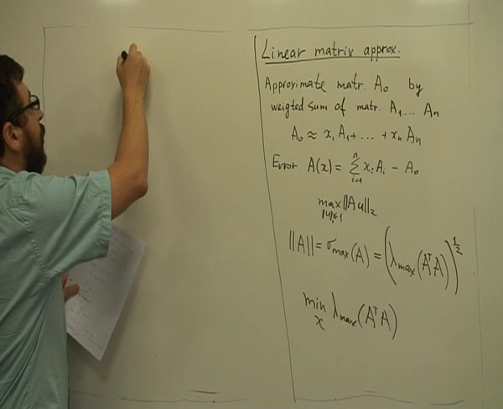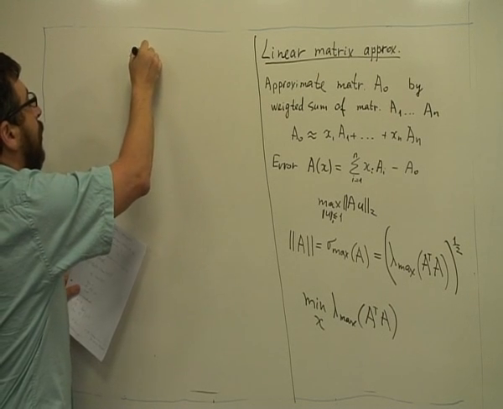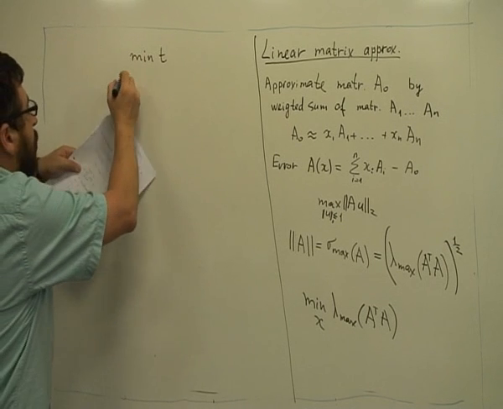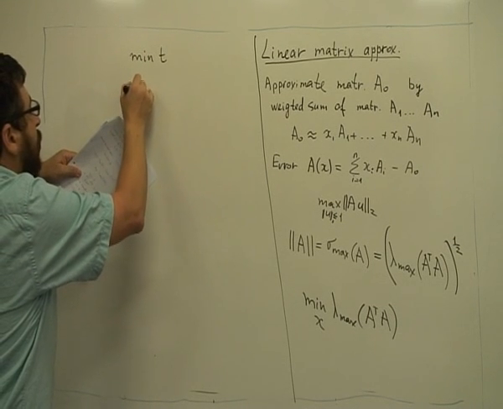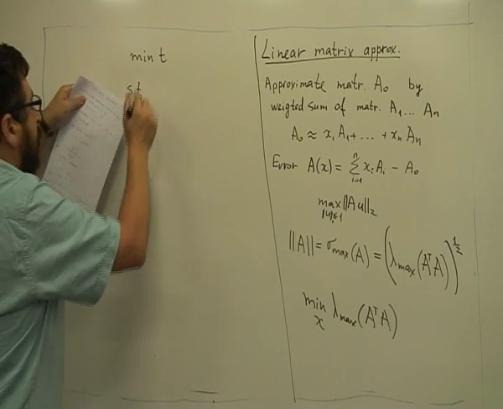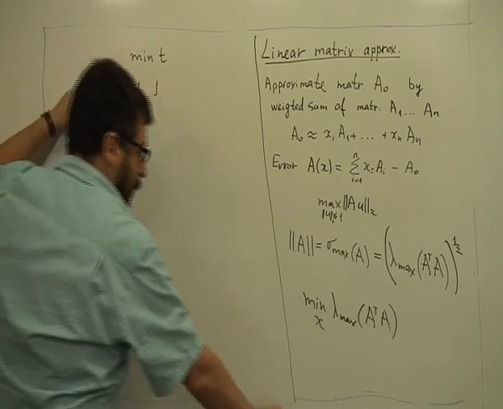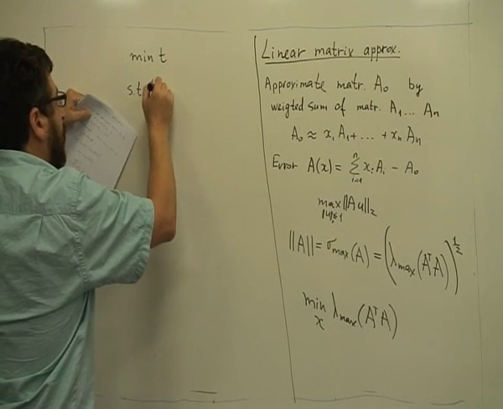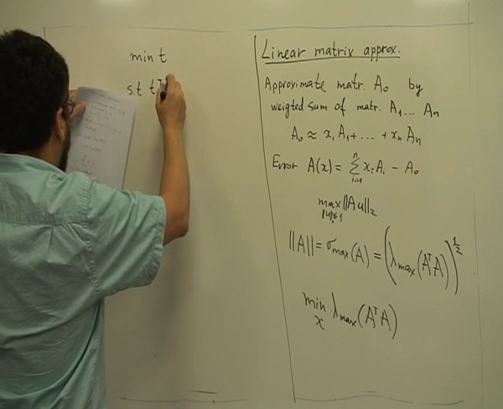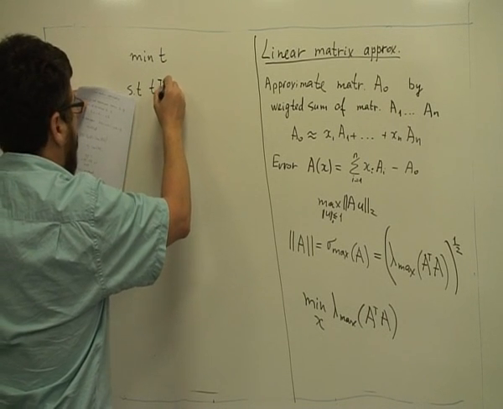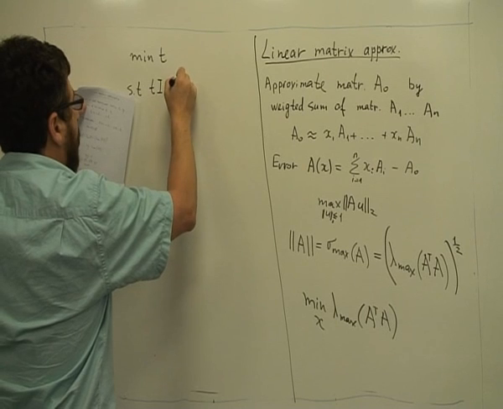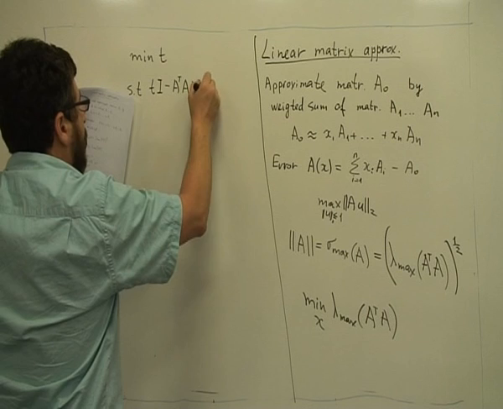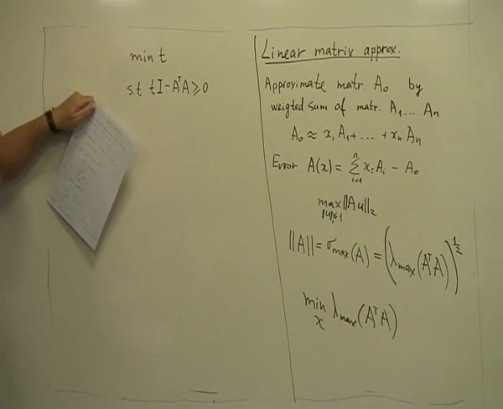It's minimize t subject to t I minus A transpose A greater or equal to 0.